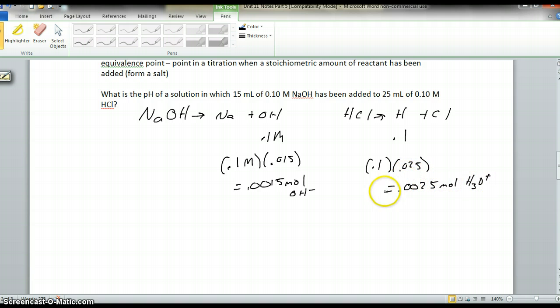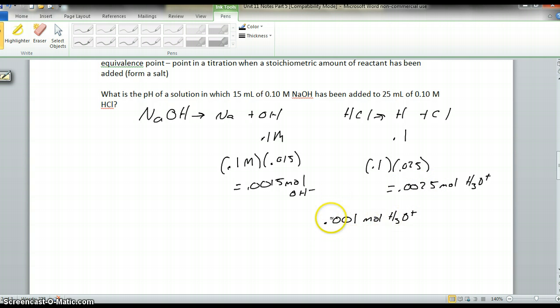Now, when you mix these two together, hydronium plus hydroxide gives you neutral water. So 0.0015 moles of hydroxide is going to cancel out with 0.0015 moles of hydronium, which means that you should have 0.001 moles of hydronium in excess, because there's 0.001 moles more that you started with.